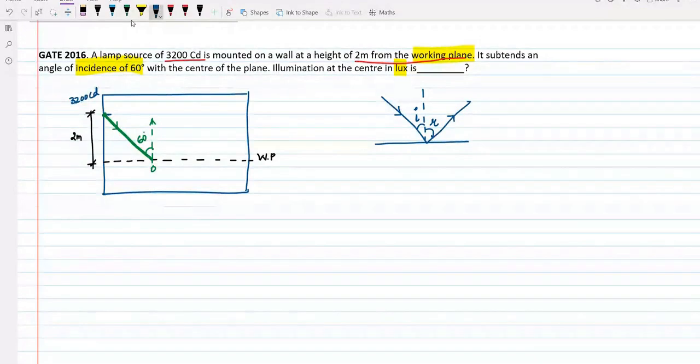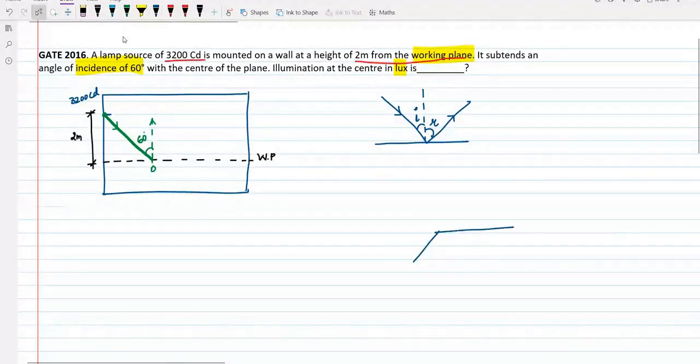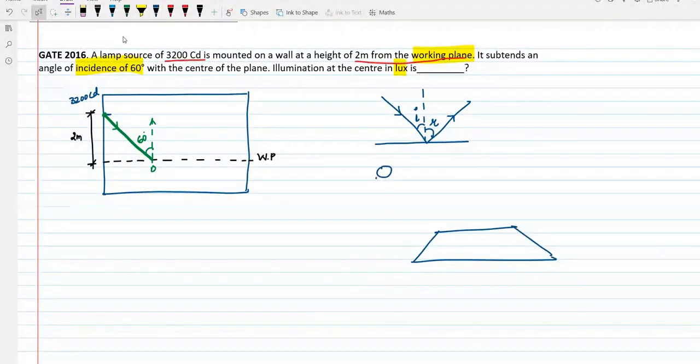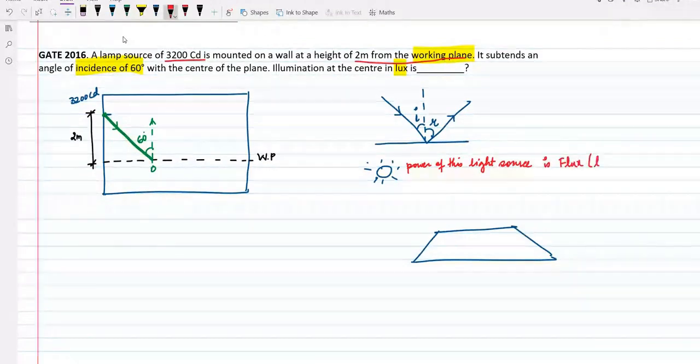Now what is candela? With this very famous diagram that we might have gone through while going through the syllabus. So there's this diagram. If this is the plane, this might be the light source. Let it be the torch or something. I'll just mark it like this. So the power of this light source is called flux, and it's measured in lumen, LM.